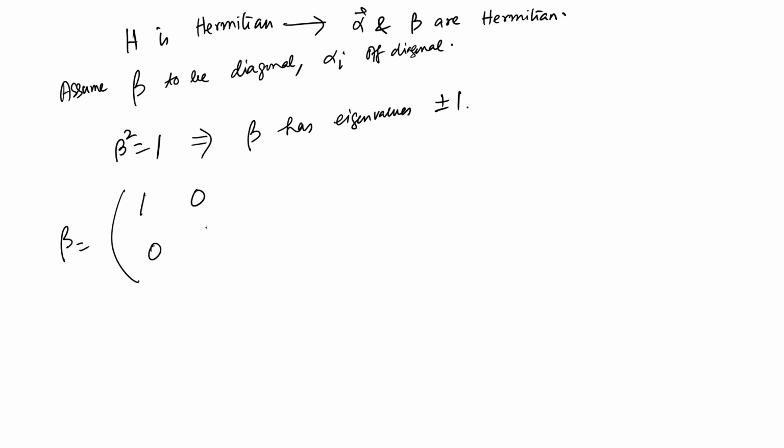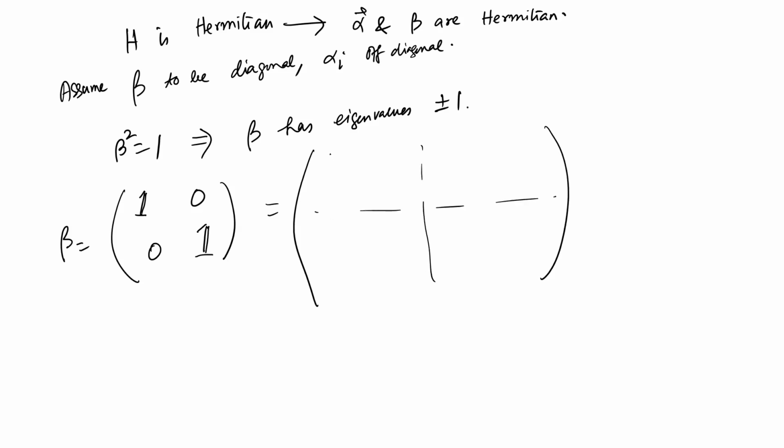Just to make things a little more general, we can write this not as 1, but as a big matrix which is like 1 0 0 and so on, then 0 1 0 and so on, then 0 0 1 and so on, and similarly all these other entries are 0.